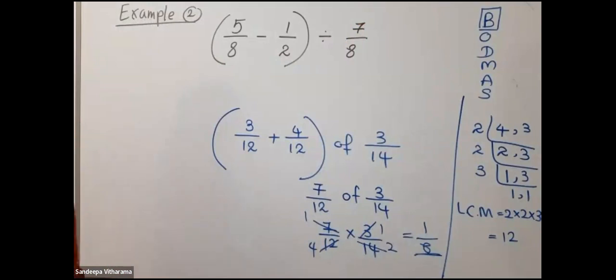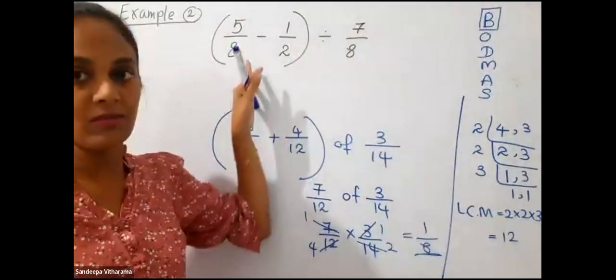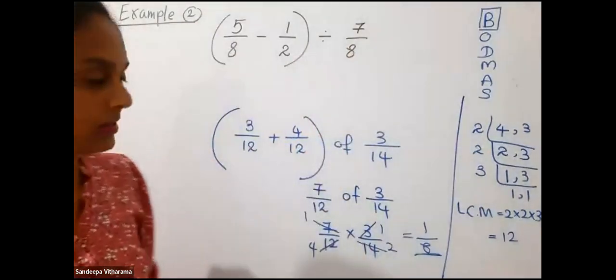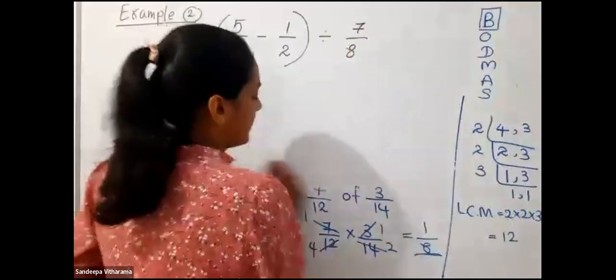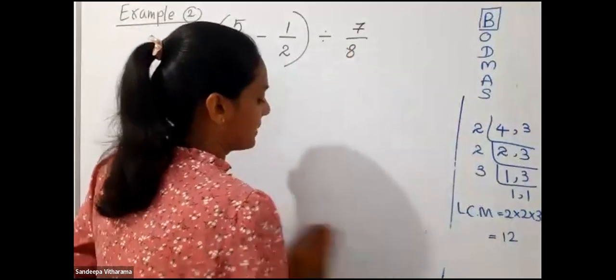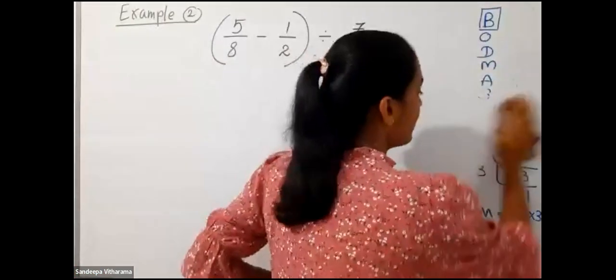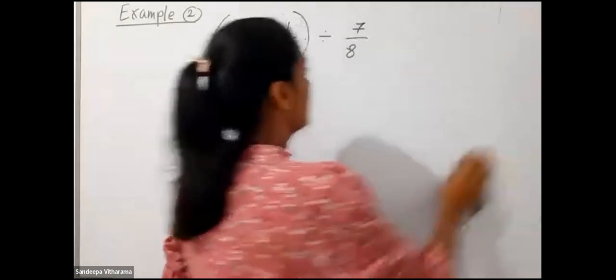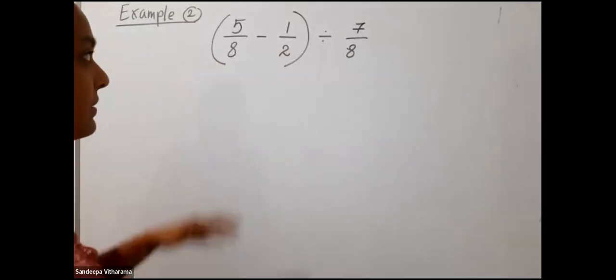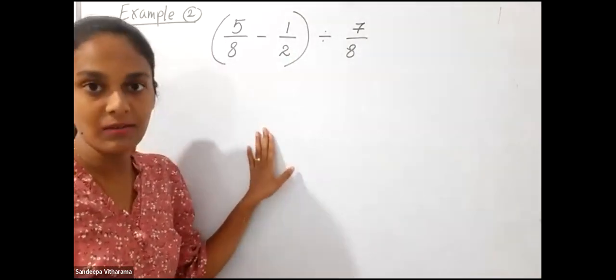Here there is a bracket and you have to divide what is in the bracket by 7 upon 8. Okay, let's see. Now actually to apply the BODMAS rule, you should know how we separately do the operations with fractions. Okay? Then look at, first of all, we have to simplify what is within the bracket into one fraction.